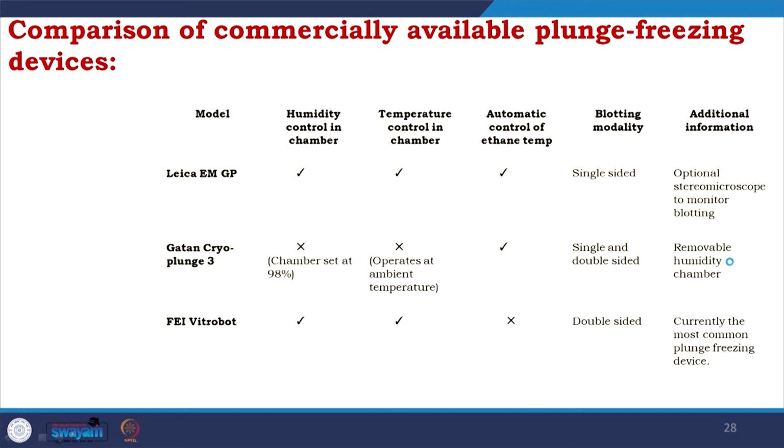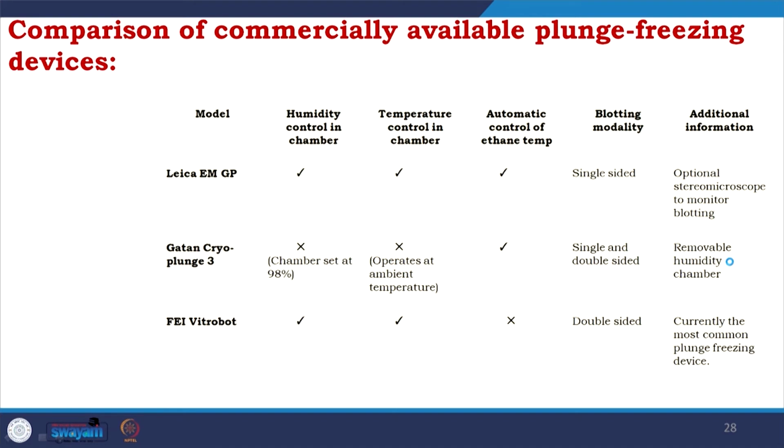So, as I told, there are mostly 3 popular commercially available plunge freezing devices: Leica EMGP electron microscope, Gatan Cryo Plunge 3 and FEI Vitrobot. In Leica the humidity control in the chamber is present, it is also present in FEI Vitrobot, but in Gatan Cryo Plunge 3 it is not present, the chamber always set at 98% humidity.